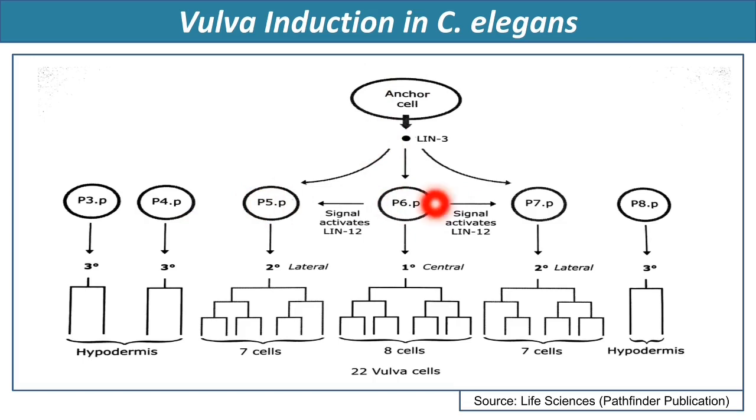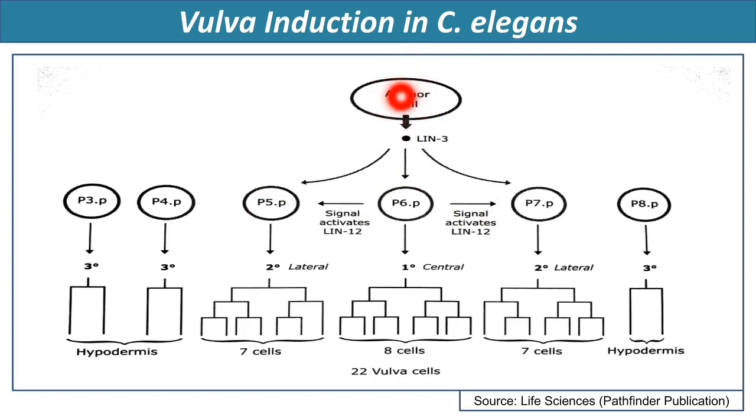The positional information needed by these 6 VPCs to divide into the respective parts of the vulva is provided by a cell called the anchor cell, which acts as an inducer here. So the first signal the VPCs receive is given by this anchor cell.